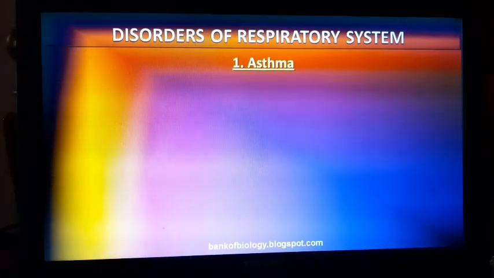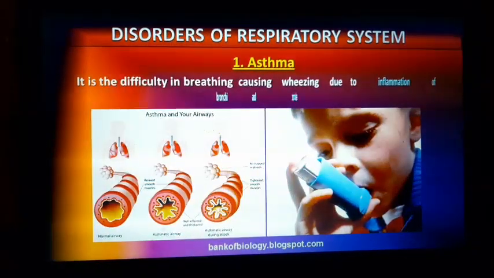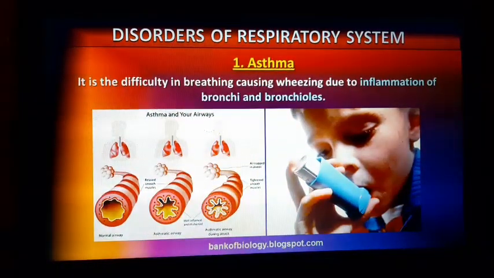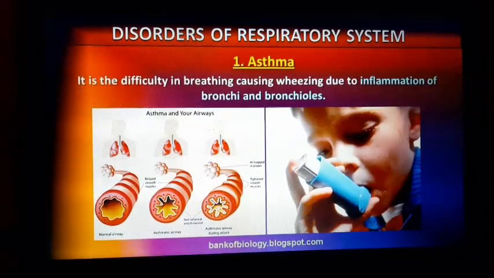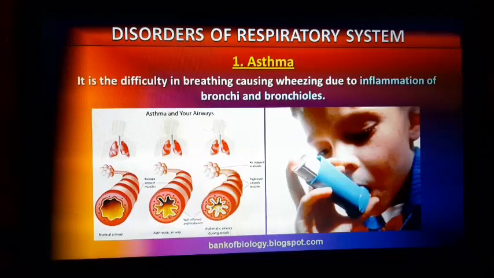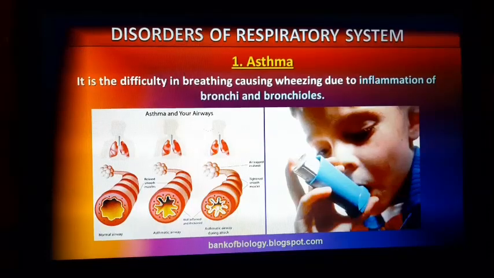In the disorders, first we have asthma. Asthma is a difficulty in breathing causing wheezing due to inflammation of the bronchi and bronchioles. Especially in case of asthma, it is mainly caused by pollen grains or dust, mites, or even animal fur, even feathers.